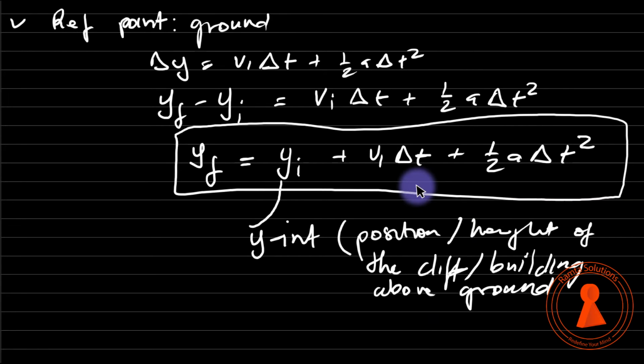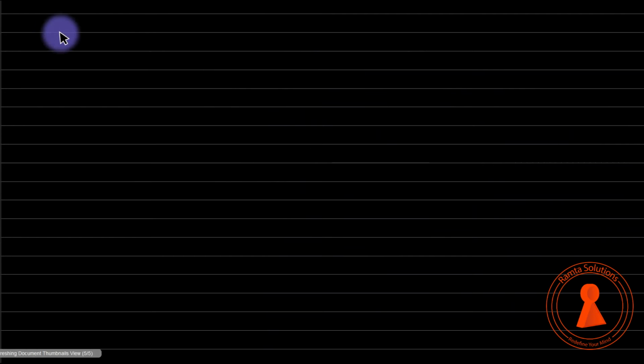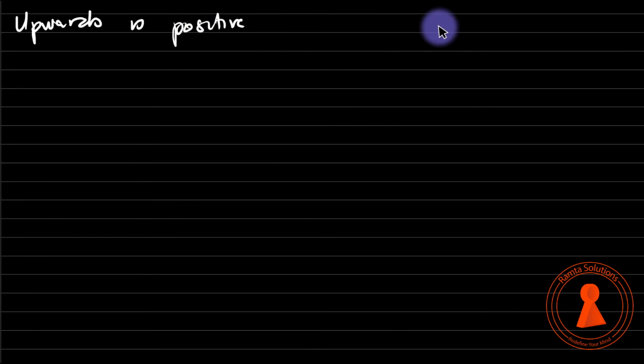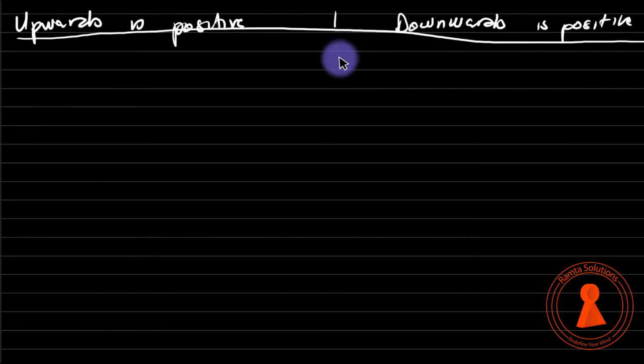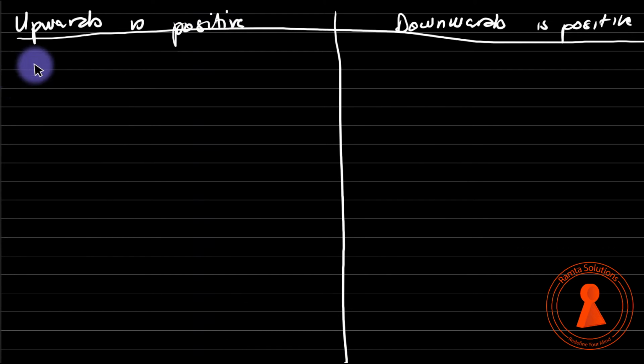So now let's continue with what we've always been doing: when upwards is positive, and when downwards is positive. I want to show you how your graph looks when the ground is chosen as positive.